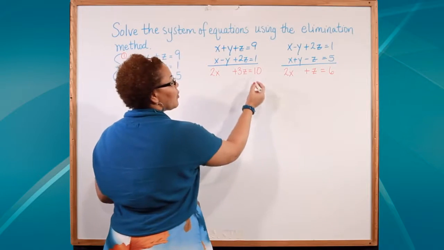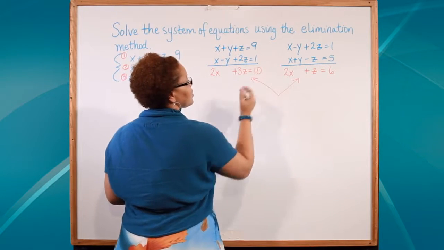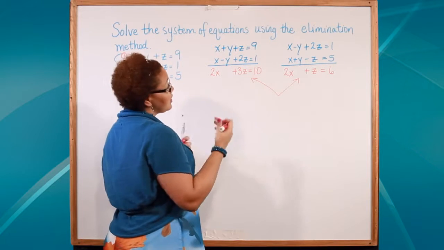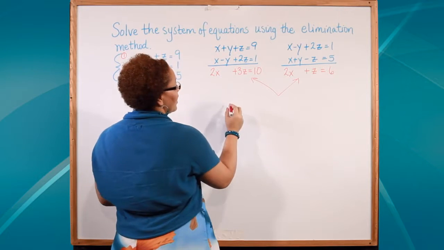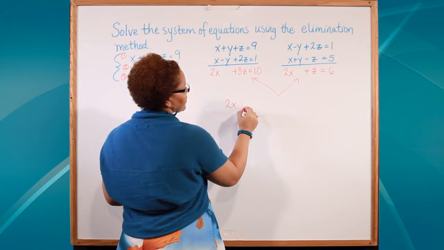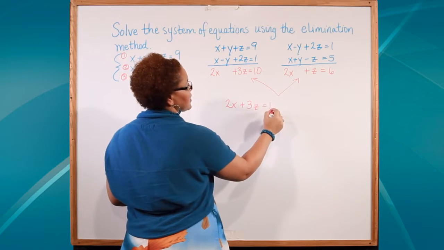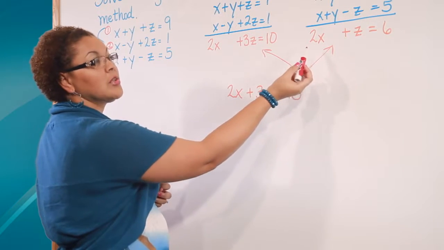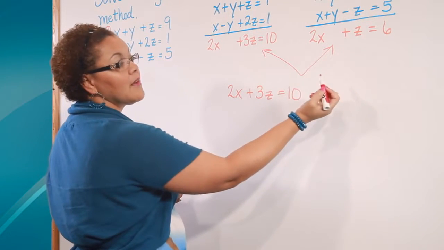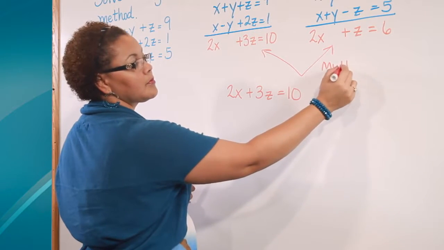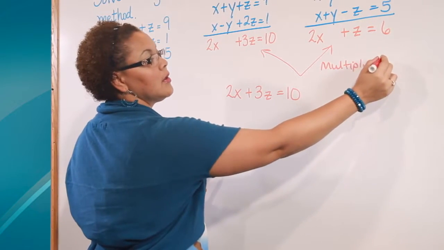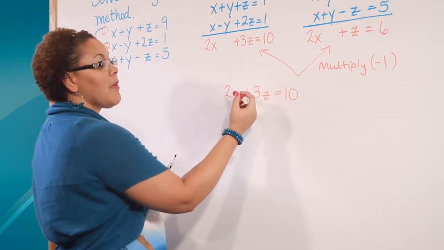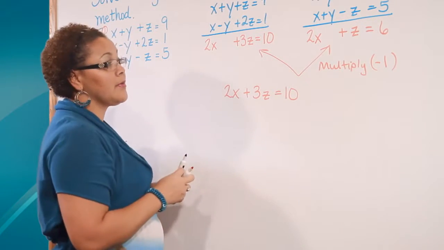So now I'm going to combine these two equations and solve our system for either x or z. So let's see what we have. If I take 2x plus 3z equals 10, I see that if I take the opposite of this equation, in other words, if I multiply this equation by -1, then I can get the opposite terms, which means that my x variables will eliminate themselves.